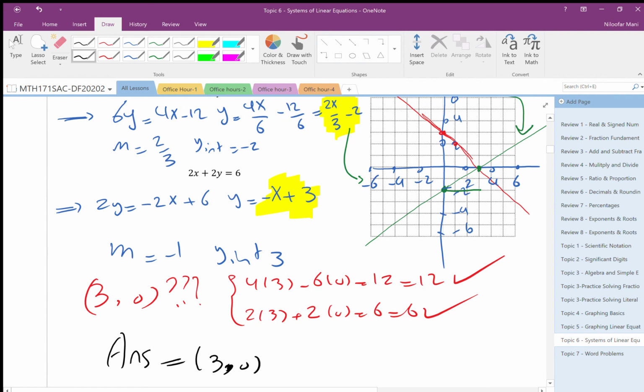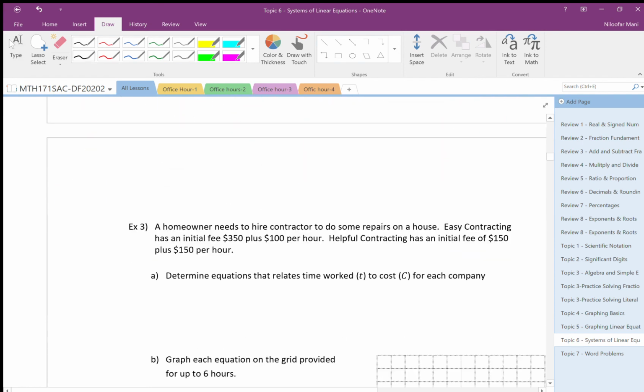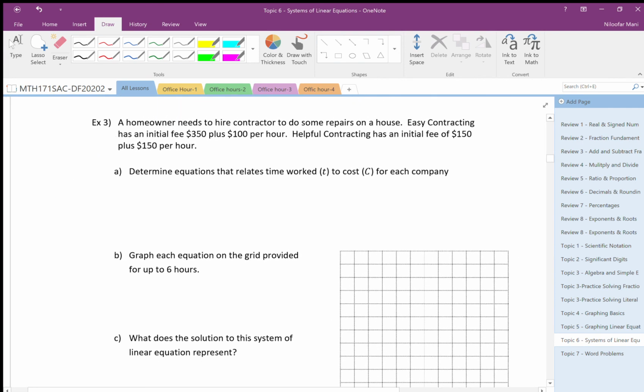Here I can talk about this question, which is very beautiful when you do it graphically. This question is: a homeowner needs to hire a contractor to do some repairs on a house.